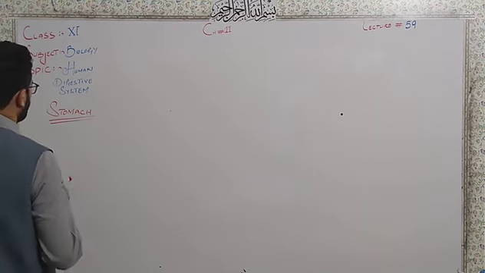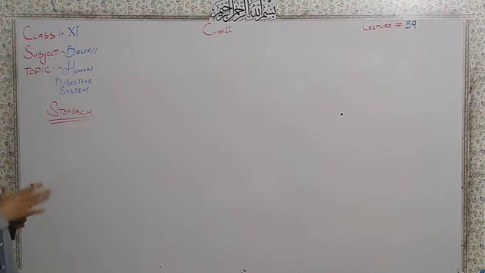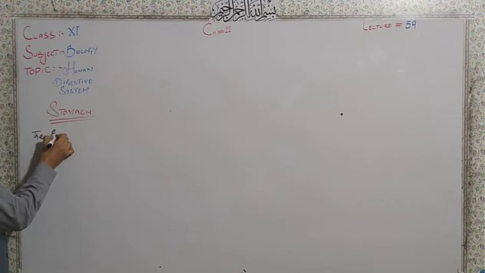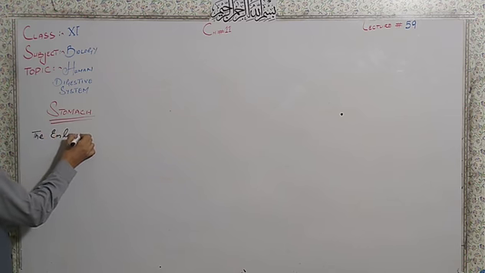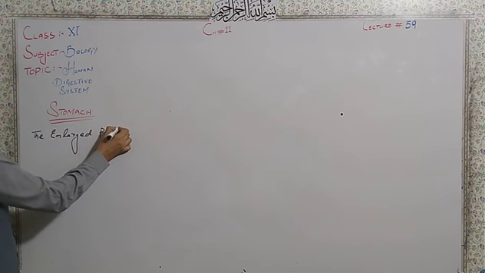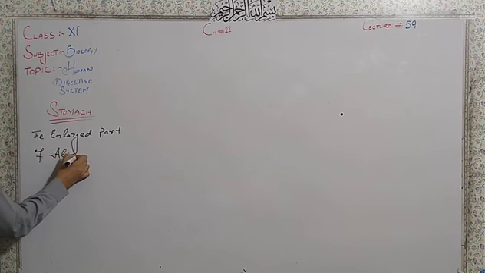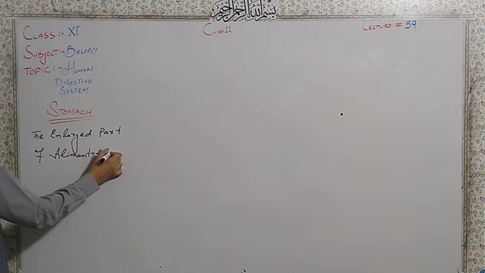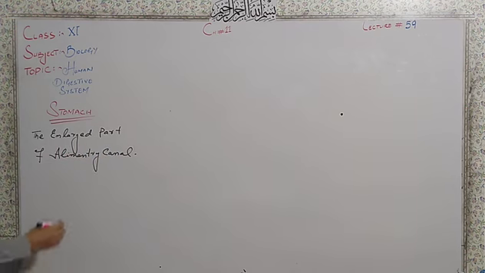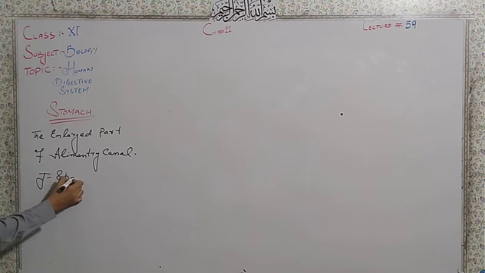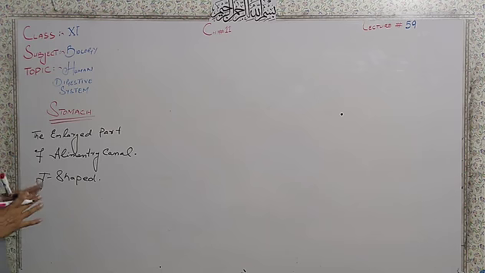Dear students, now we will discuss the important part of the digestive system, which is called the stomach. The stomach is the enlarged part of the alimentary canal. When it's empty, it's usually J-shaped.